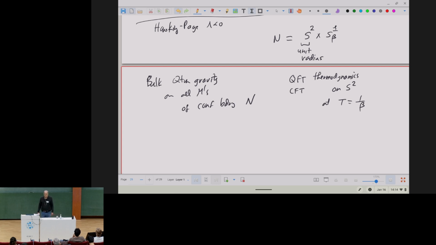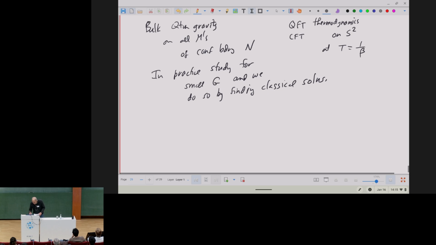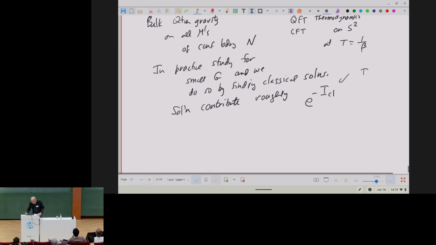Now, quantum gravity is too hard in general, which also was an objection, I think, raised by another questioner. But in practice, we study it for small g, and we do so by finding classical solutions. For small g, a classical solution will contribute very roughly e to the minus its action, and remember the action will be of order 1 over g, to the partition function.